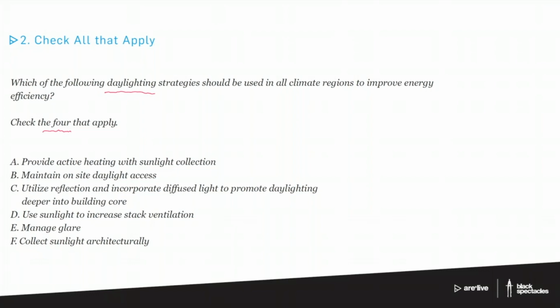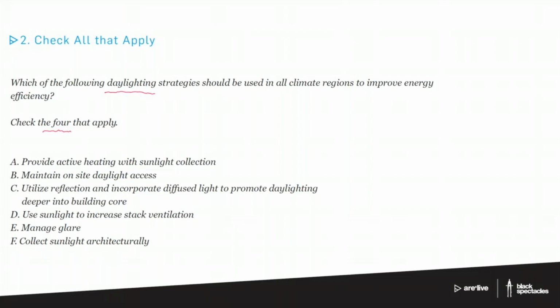You don't want to outfit your building with mirrors or shiny surfaces. Natural light is preferred by a lot of users. So talking through what daylighting is before I even look at the answers is great. Now let's look at the answers.